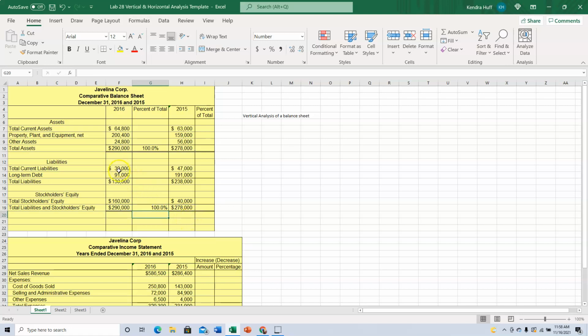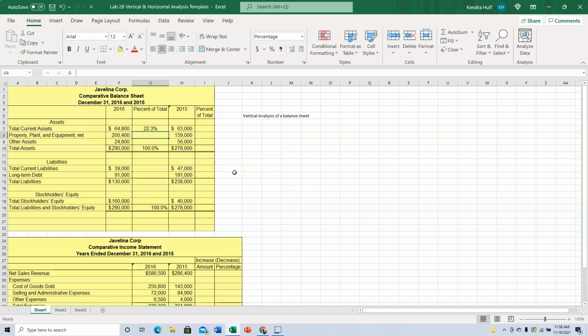Then everything else is expressed as a percentage of those totals. So for total current assets, you're going to do equal the total current assets of 64,800 divided by your total assets of 290,000. So your current assets are 22.3% of your total assets.